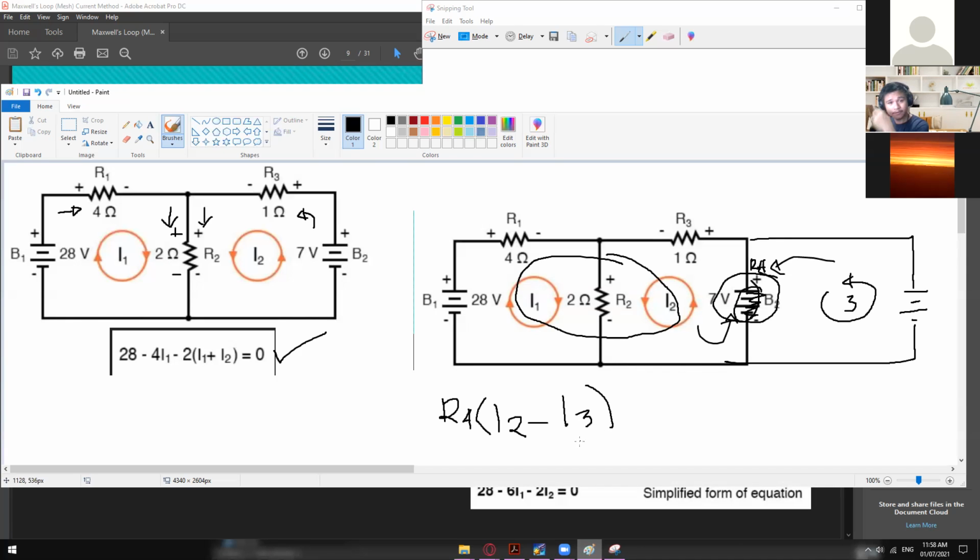So it will never become 3 currents in one equation. It's always 2 currents in one equation. But of course, in here you have another one wherein you're going to deal with R2 times, they have the same flow of current, so it's I1 plus I2.